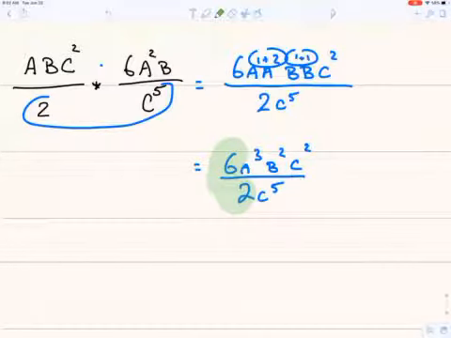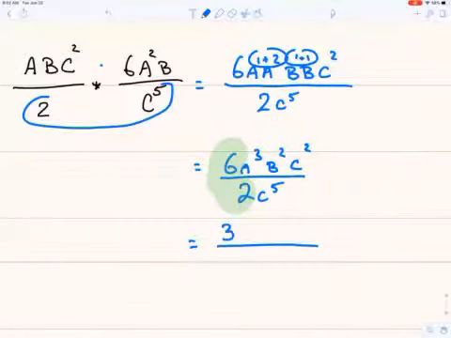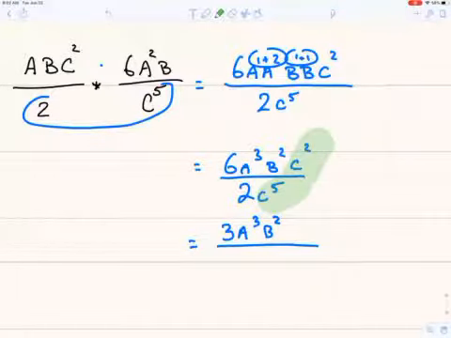The 6 and the 2, of course, need to simplify, and they become 3. That's the same as 3 over 1, so I'm going to let that sit on top. I have a to the 3rd doesn't get changed, b to the 2nd doesn't get changed, and now if I clean up a little bit, I have c to the 2nd and c to the 5th. I'm going to use that subtraction rule. c to the 2 minus 5 is negative 3.